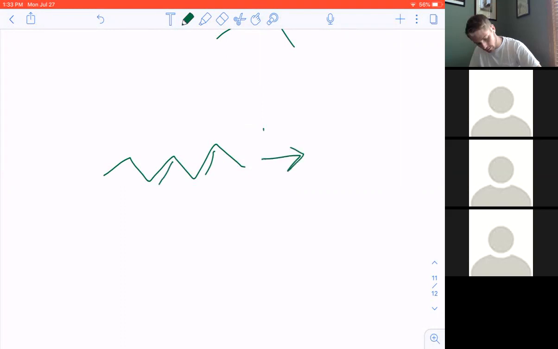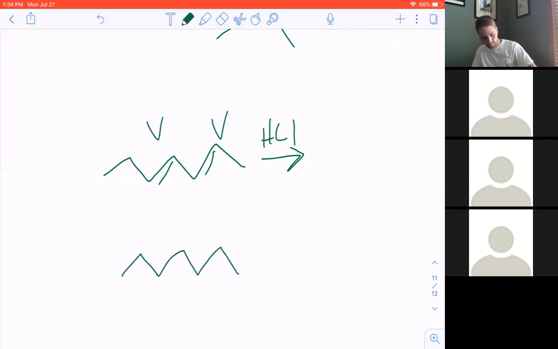When it's treated with hydrochloric acid, basically what you're going to expect to see here is that it could add to this position or this position. Let's say it adds here.